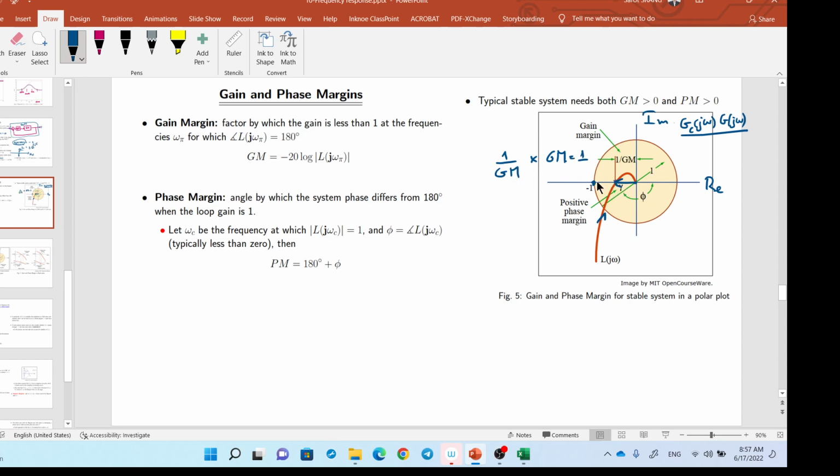So this point shifts to this point. Actually, this GM is called the gain margin. It means you still have a certain amount of freedom to increase the gain of the controller. That's why it's called margin.